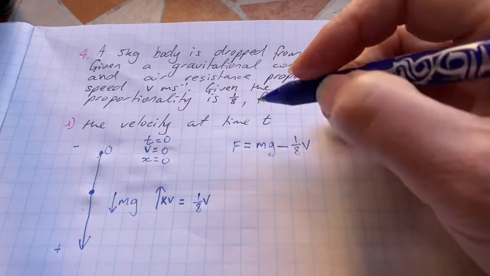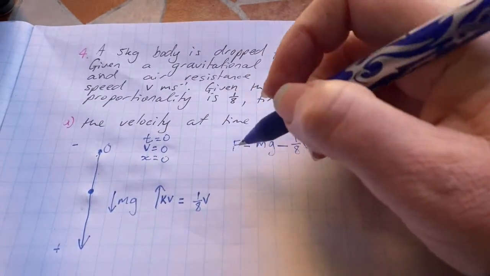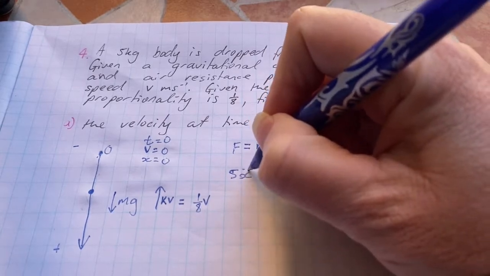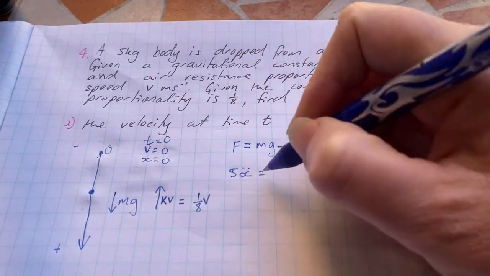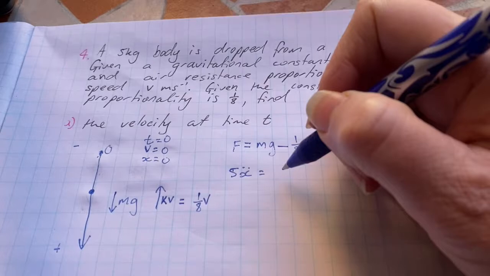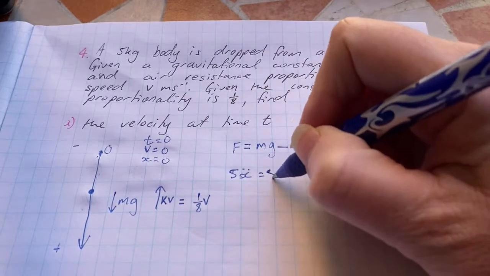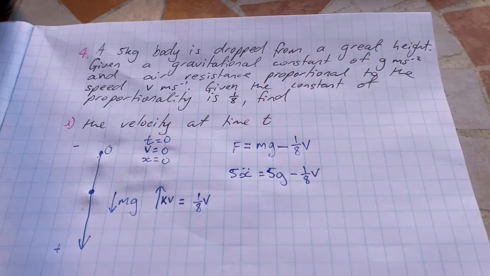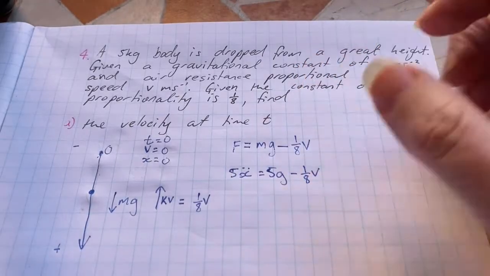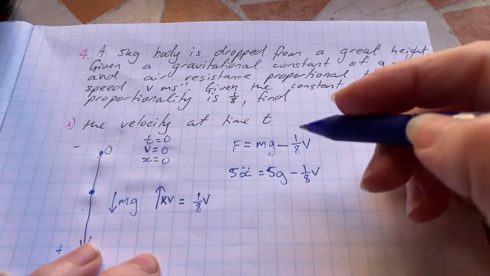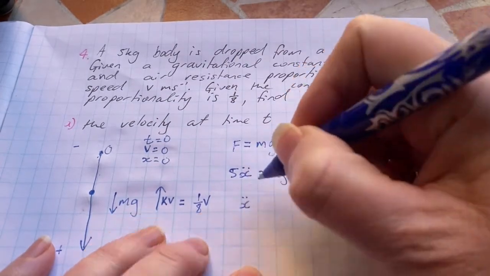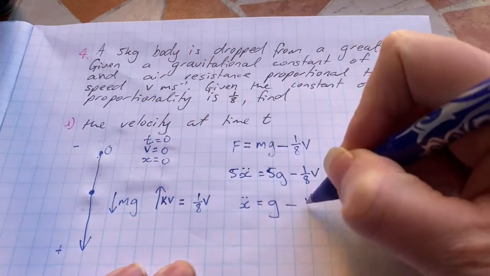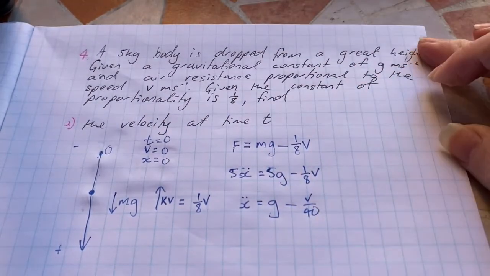And we know that our force is equal to our mass times acceleration. So our mass in this case is 5. So 5 times acceleration is equal to 5 times the gravity minus 1/8v. So the first thing I'd like to do is just divide everything by 5, because I need an equation for my acceleration. So that's going to become v on 40.